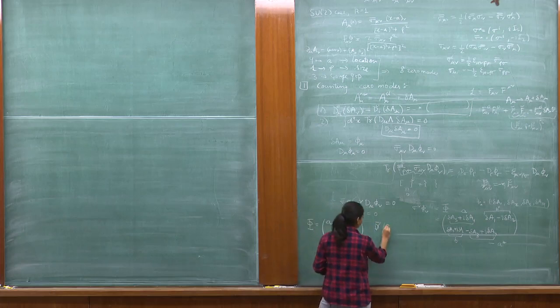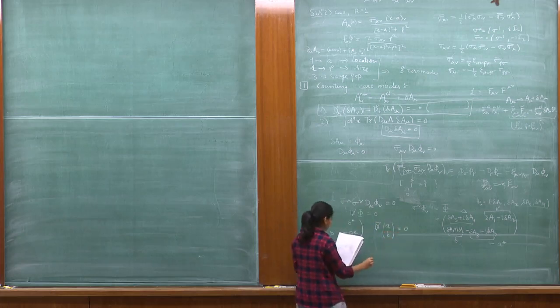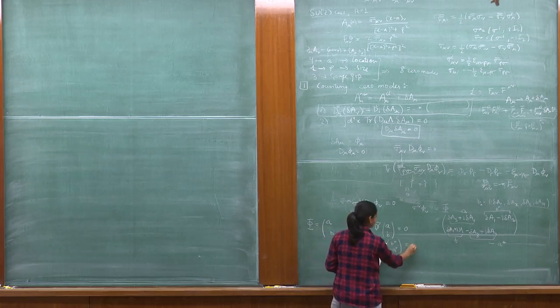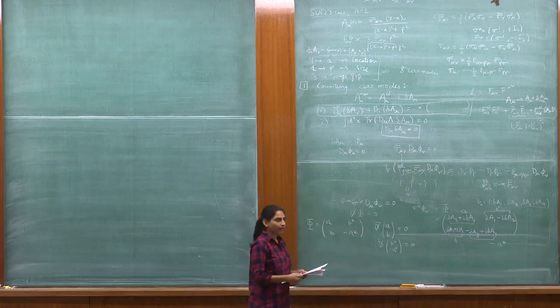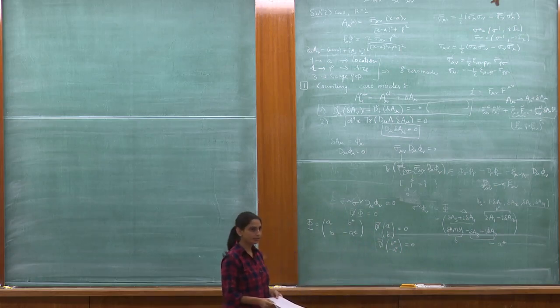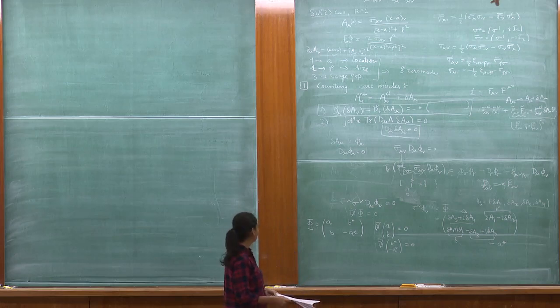One when del bar slash is acting on A and B, and the other one when del bar is acting on B star and minus A star. Yeah. Two independent equations, right? And this one seems to be the sum of those two being equal to 0.